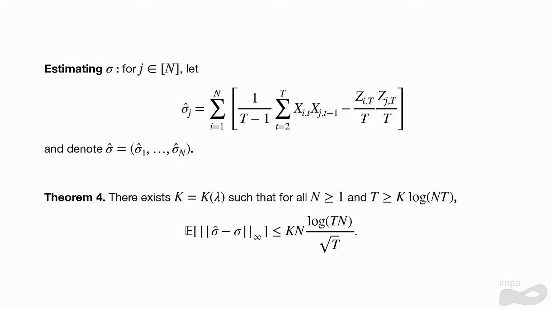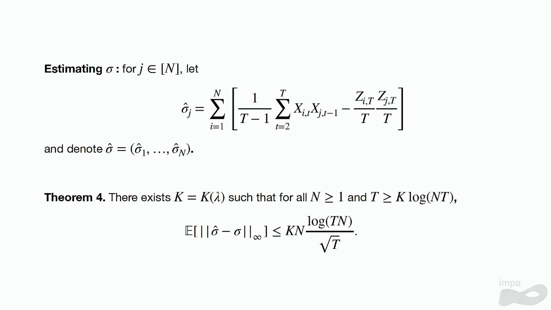And then we can quantify, and I don't know if there are probably better bounds than the ones we got here, but we can quantify the expectation of the sup norm between sigma and sigma hat, and it's like n over square root of t times this log factor, right?